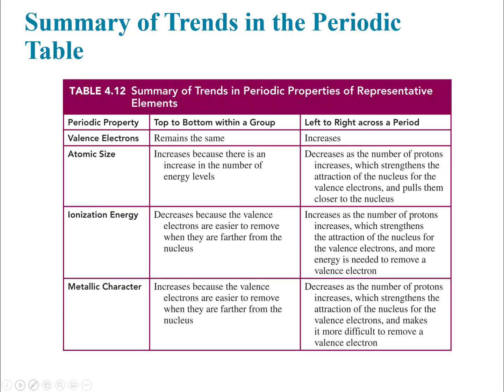This table summarizes all of the trends that we just covered. So it's a great way to double check everything. It's all in words. And if you want to have this in your notebook too, you can. But I highly recommend that you have a periodic table that's decorated with the trends, and it has the arrows for increase and decrease and all of that for each of the different trends. Try to use a different color so that you're not confused.